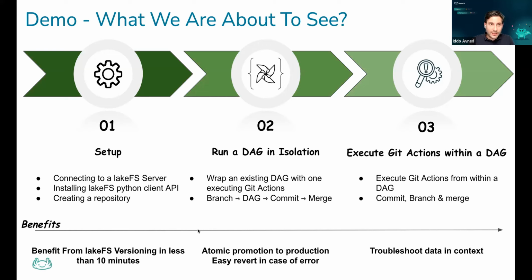So if a DAG fails in the middle, there's absolutely no negative outcome on your production environment. More than that, if it actually gave wrong data, then you can go to the exact commit point before you actually ran the DAG. So that's the first thing.